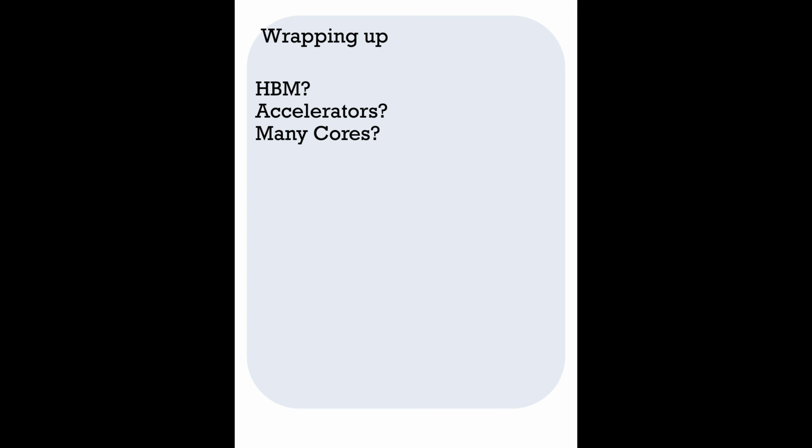But this is half of the story, and as we learn from history, we don't want only to have caches, but there are other things that can speed up our applications. So one of them is high bandwidth memory, which will definitely be integrated at the Meteor Lake level, but I think many vendors want to integrate this kind of faster memory.